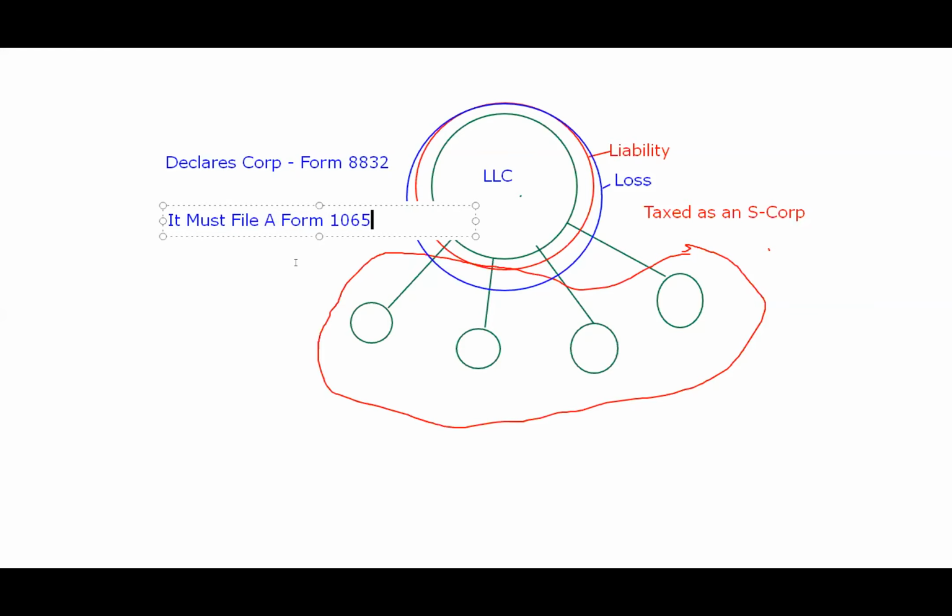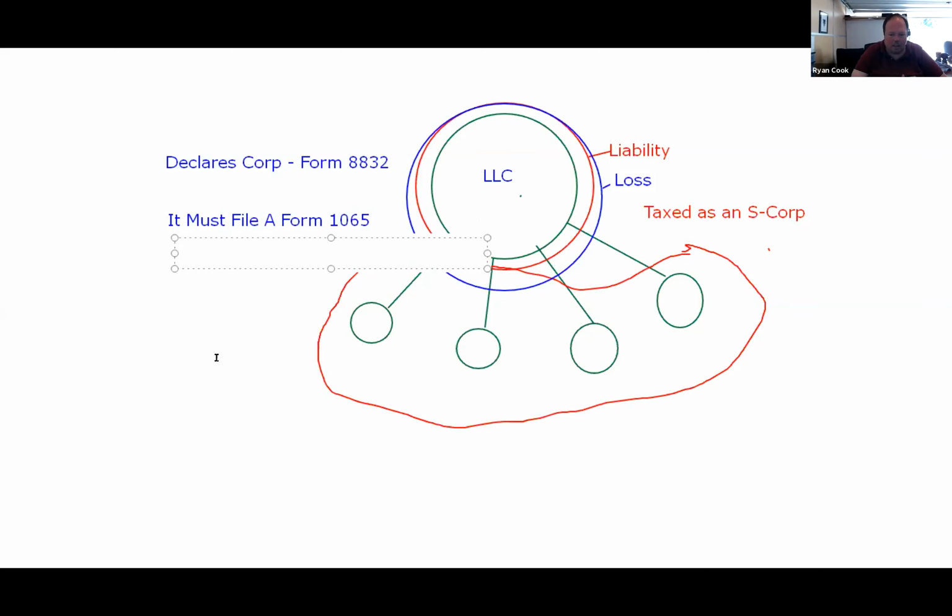Nope. 1065. It must file a Form 1065 annually. Well, Schedule K, isn't it? Same thing? Well, it is, yeah, but it must file each year. And here's the important part. That's the important part.